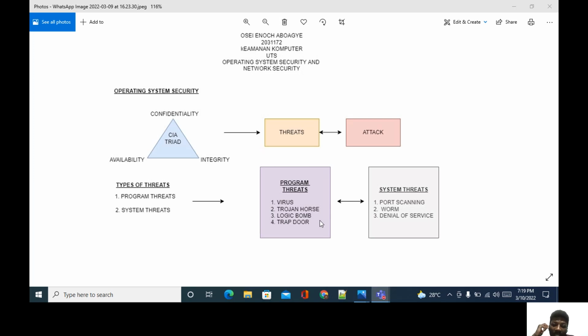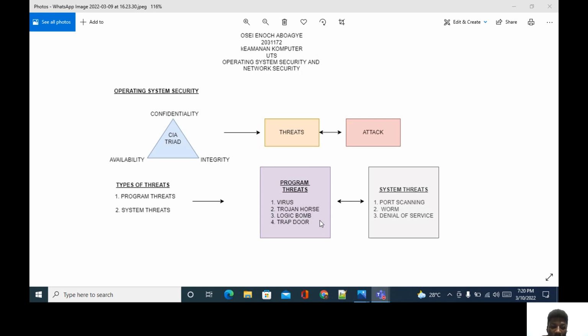A software patch is what we call an update. So if you have a software on your computer or on your mobile phone, sometimes you need an update, and that update is what we call software patches. So the Trojan may hide in there.